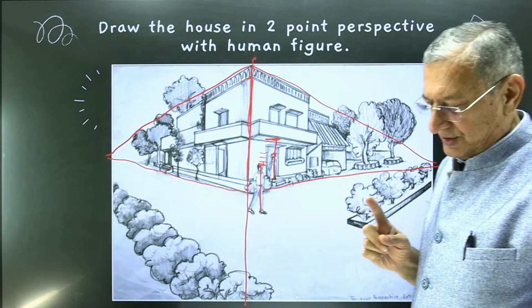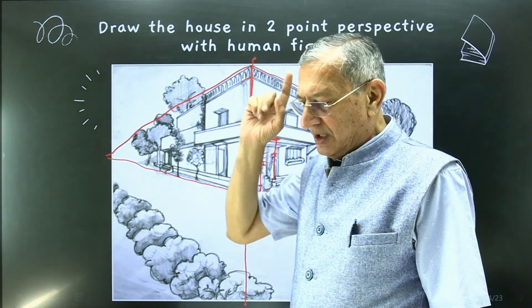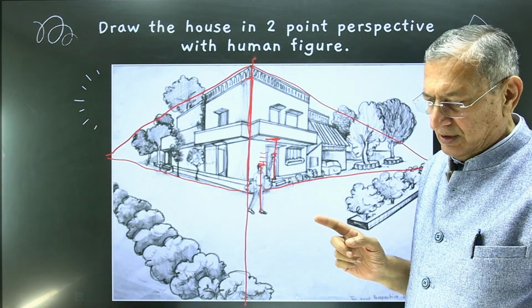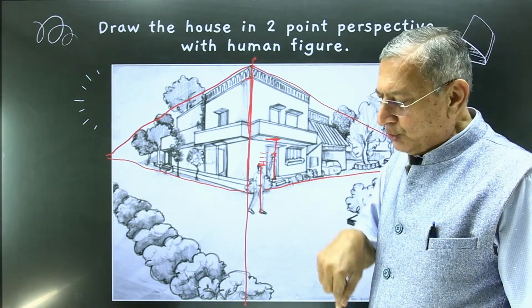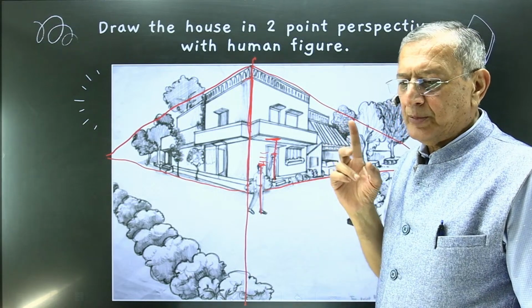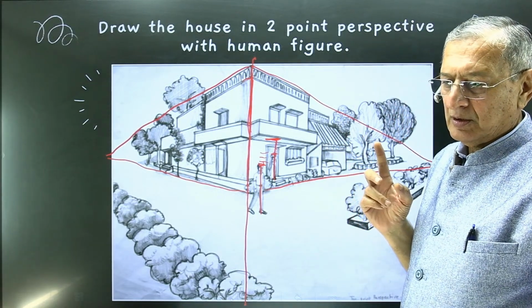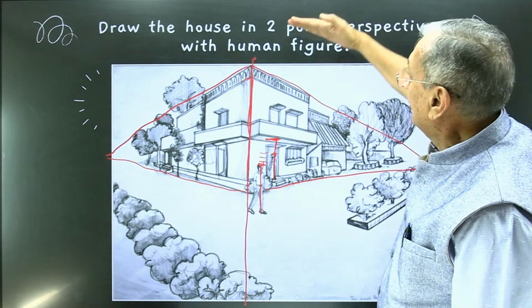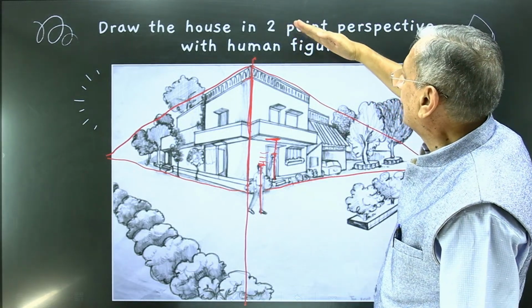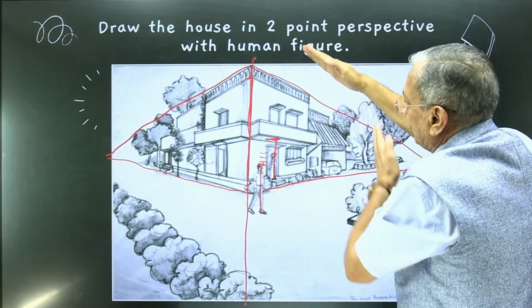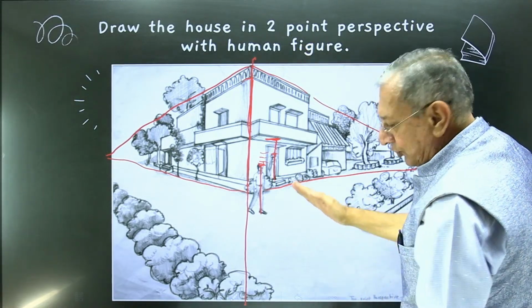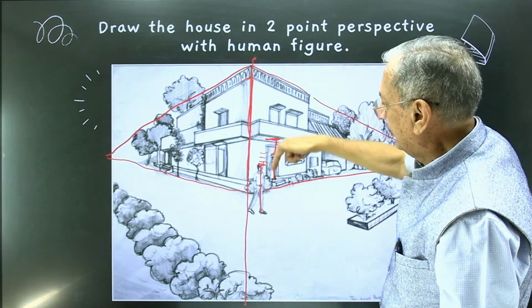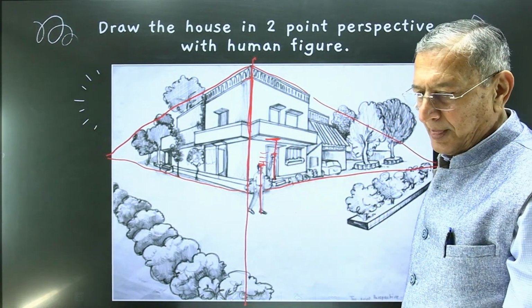Only in case there is a different angle than the right angle formed either by the object or by the picture plane to the ground, then the picture would be 3-point perspective. For example, you're looking from somewhere top and your picture plane is forming a 60-degree angle to the ground. This would be drawn into 3-point perspective.